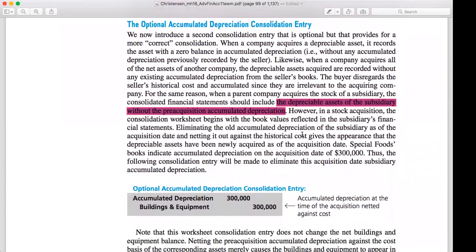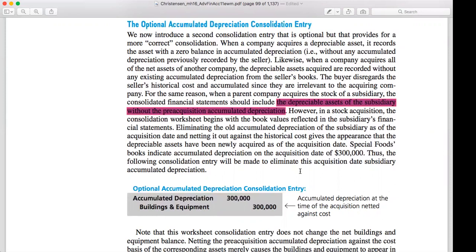But in a stock acquisition, the consolidation worksheet begins with the book value, so we eliminate the old accumulated depreciation of the subsidiary as of the acquisition date. It gives the appearance that the depreciable asset has been newly acquired. The example here indicates that accumulated depreciation on the acquisition date is around 300,000.